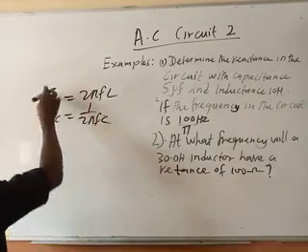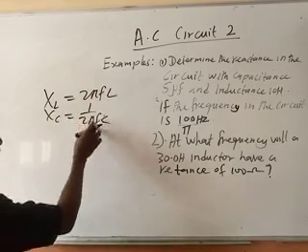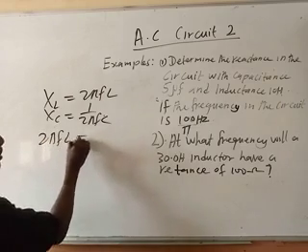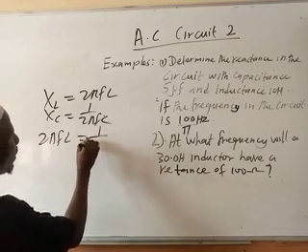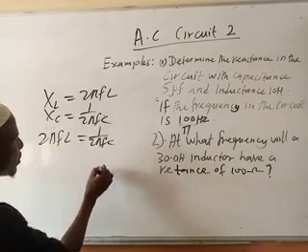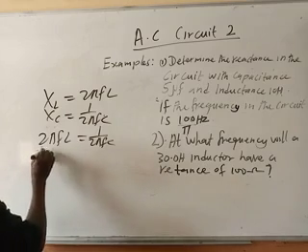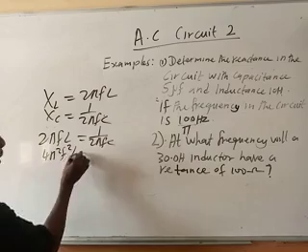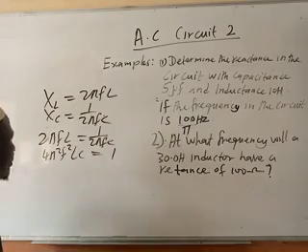So since this and this are equal, it means 2 pi FL is equal to 1 over 2 pi FC. Cross multiply, it means 4 pi square F square LC is equal to 1.